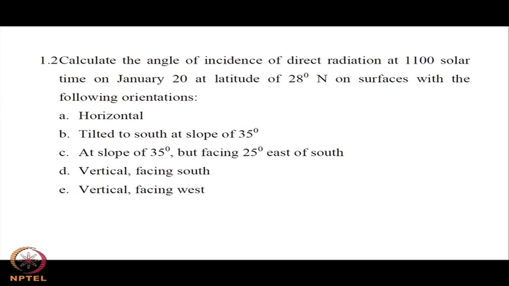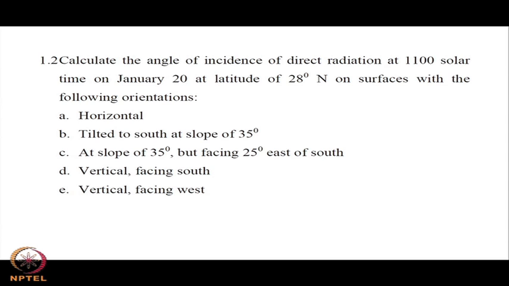So, the first one is a horizontal surface, then tilted to south at a slope of 35 degrees, then a surface at an azimuthal angle of 25 degrees east of south, then vertical facing south and vertical facing west. So, these are the examples.